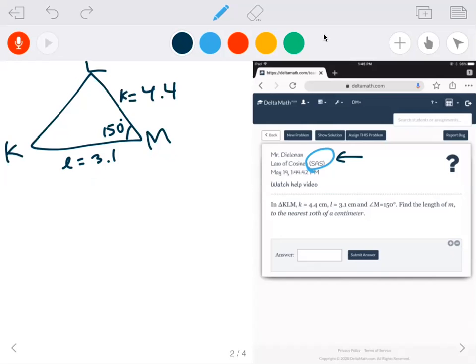When we've got side, angle, side, they are telling us to find the length of M. Well, M is across from angle M, so M is going to be right here. But we don't know what M is. So we need to use the law of cosines.